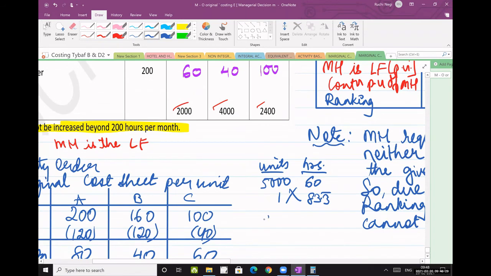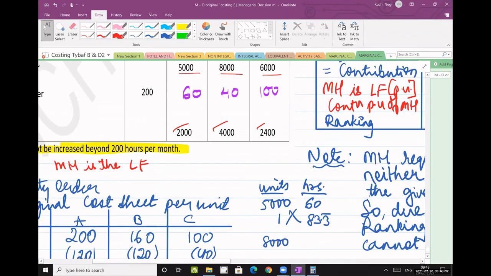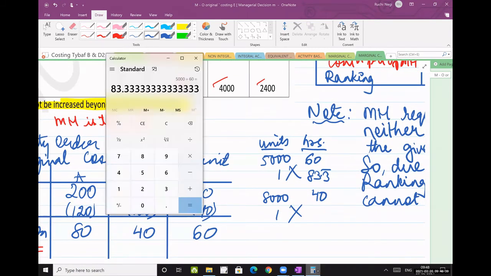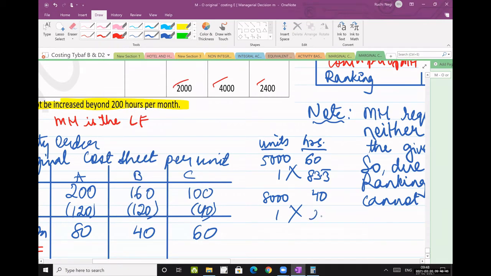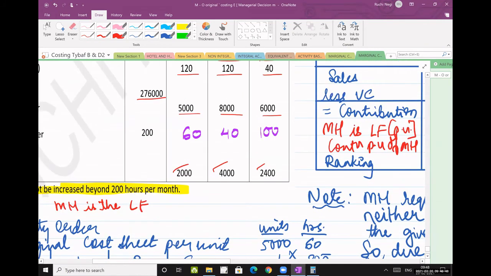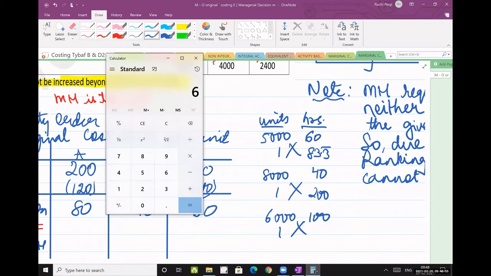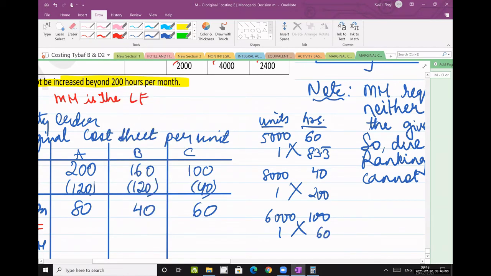Next, 8,000 के लिए I need 40 hours. So for 1 unit, 8,000 divided by 40, 200 hours. Next is 6,000. So 6,000 units बनाने के लिए 100 hours, तो 1 यूनिट बनाने के लिए कितना? 6,000 divided by 100, 60 hours. So this is my answer.